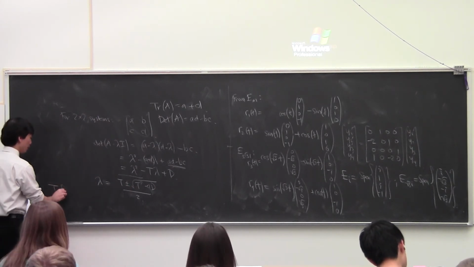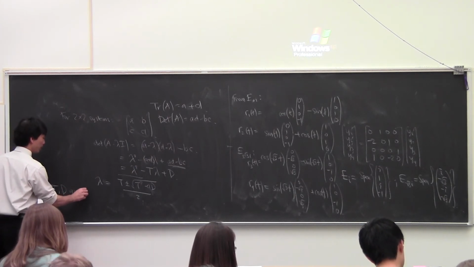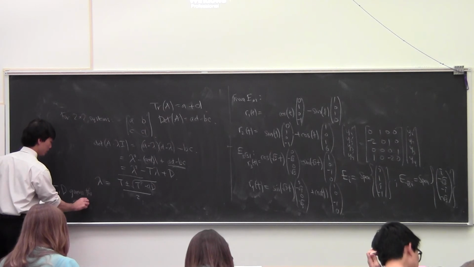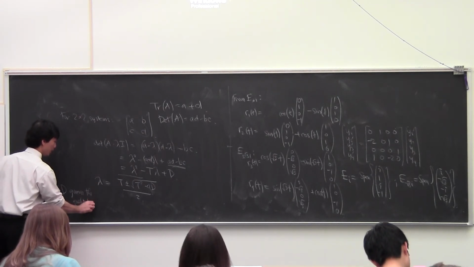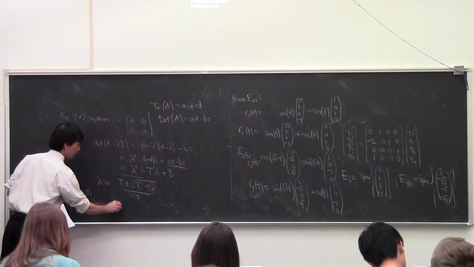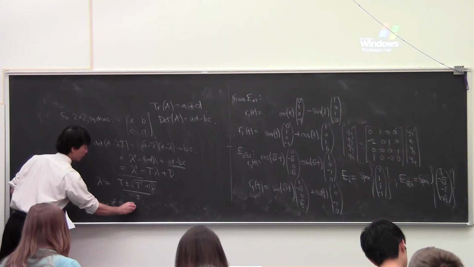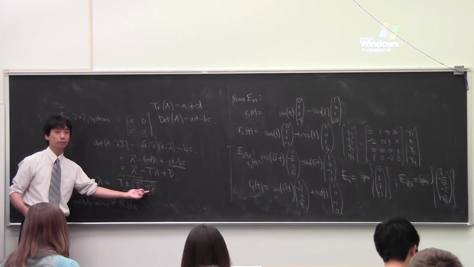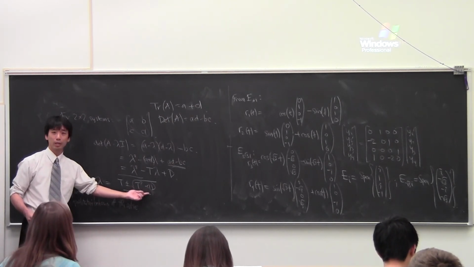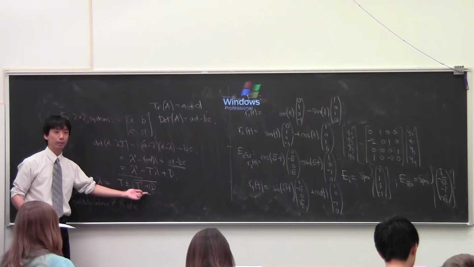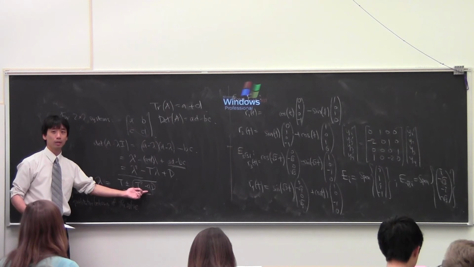That T and D govern the qualitative behavior of the solutions. If T squared minus 4D is negative, then you get complex solutions. If it is positive, you only get real solutions.